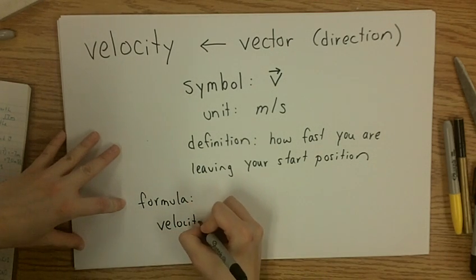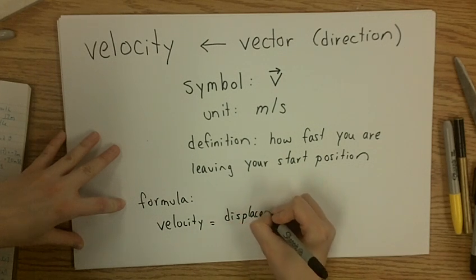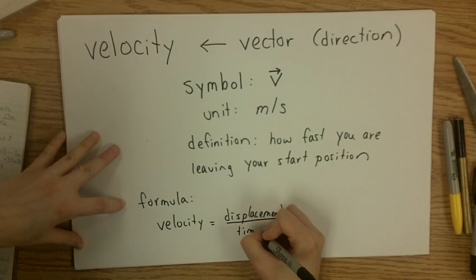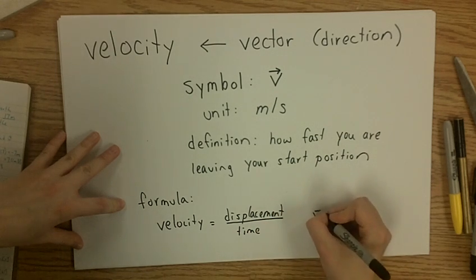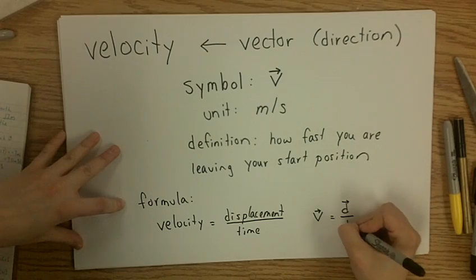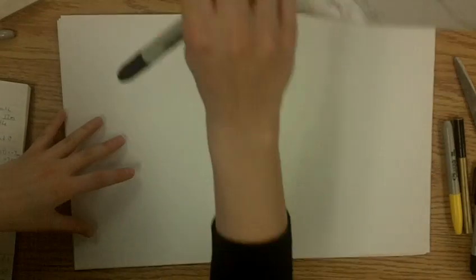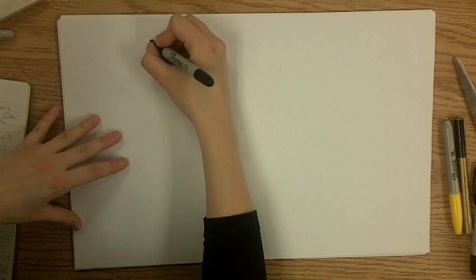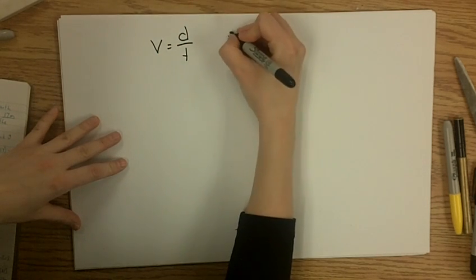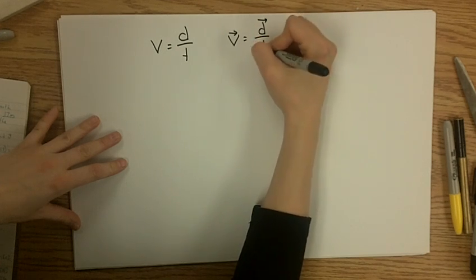Velocity is equal to displacement over time. In symbols, this is v arrow equals d arrow over t. So to recap, speed equals distance over time, and velocity equals displacement over time.